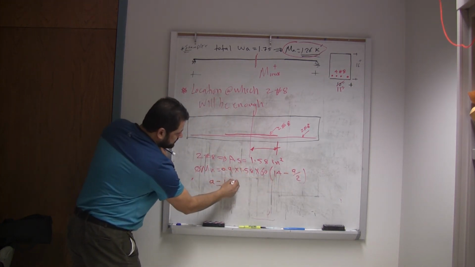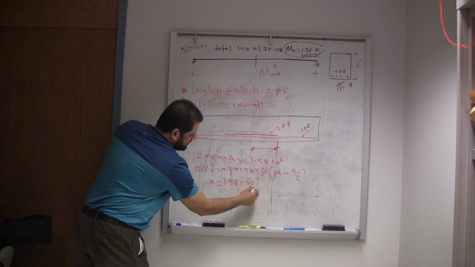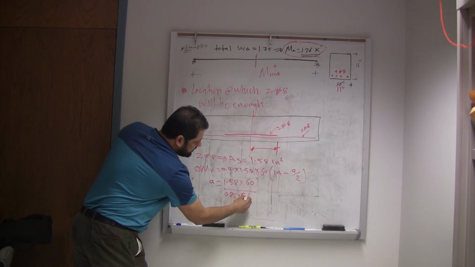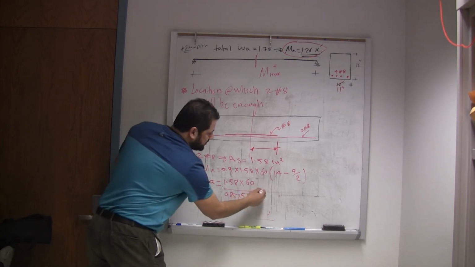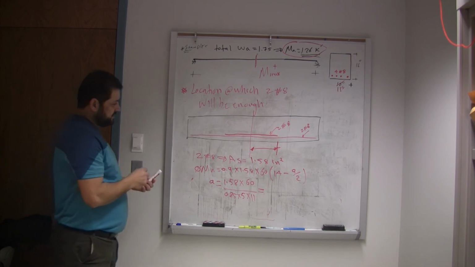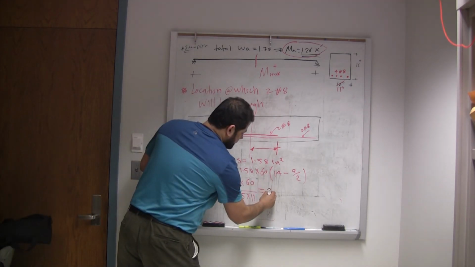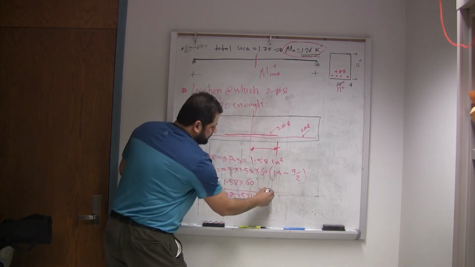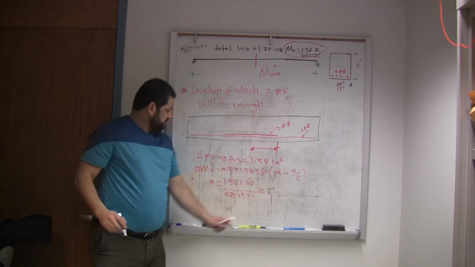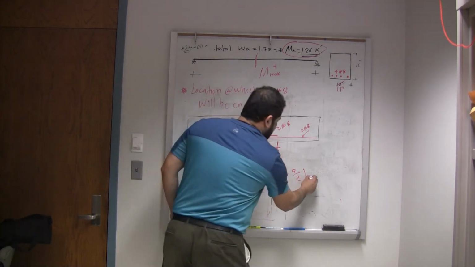As times Fy over 0.85 times f prime c, which is 5, times b, which is 11. You get a from here. That's 2.03, about 2 inches. If that's 2, what's phi Mn?